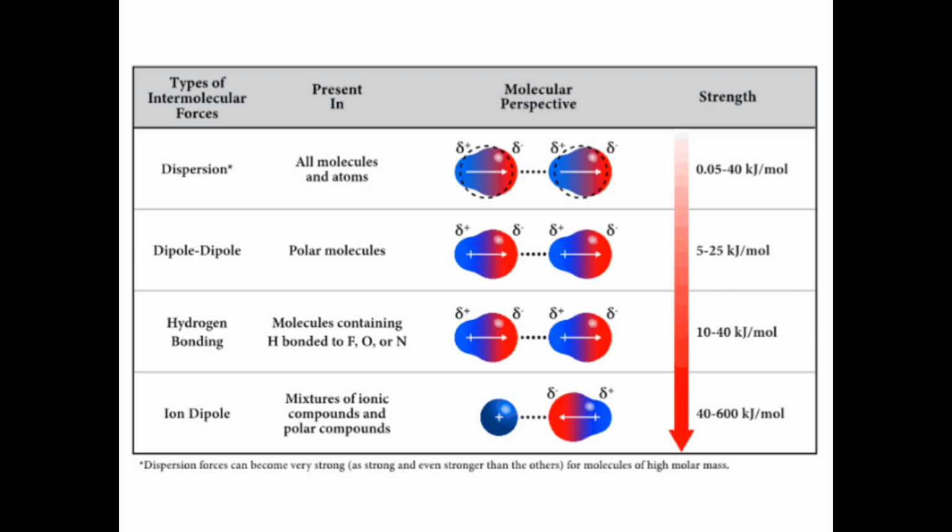That means compounds that are containing hydrogen, most especially highly electronegative elements that are bonded to hydrogen, e.g. HF, H2O, NH3, etc. You will also observe that electrons are moving from the positive to the negative in this case, and of course the strength is higher than that of dipole. And then you have ion dipole, which is a mixture of ionic compounds and polar compounds, and which has the greatest strength here.